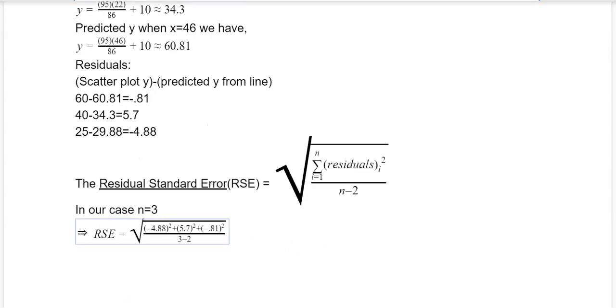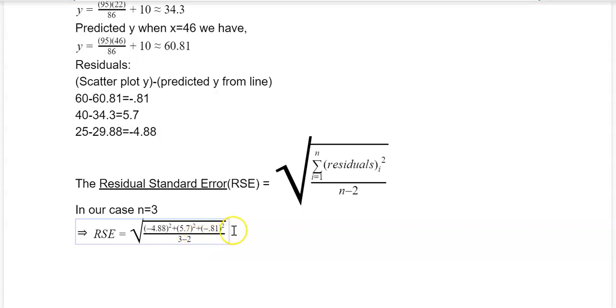So we're going to square the negative 4.88, which I've done here, square the 5.7, which I've done here, square the negative 0.81, which I've done here, take the square root and divide by 3 minus 2.